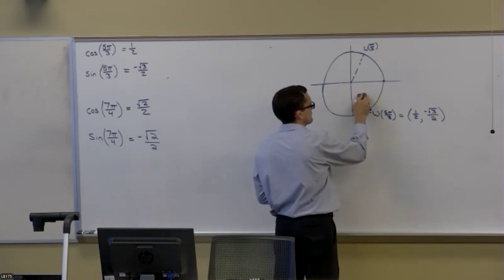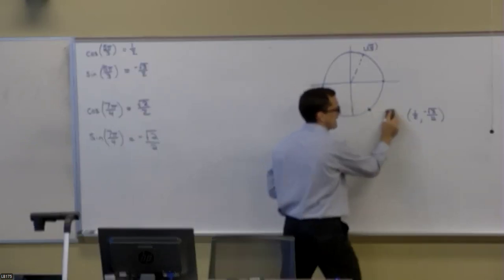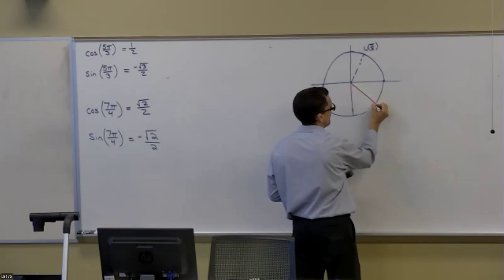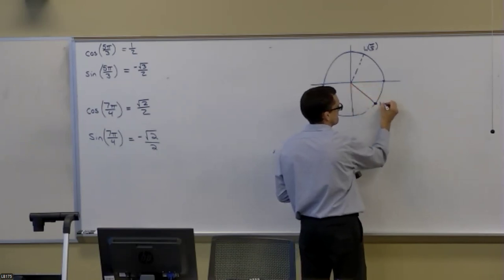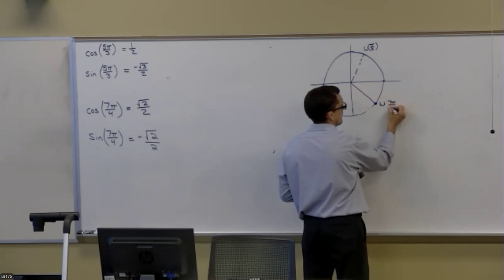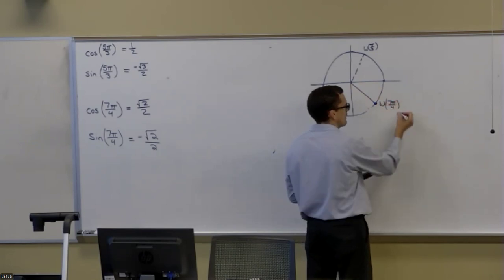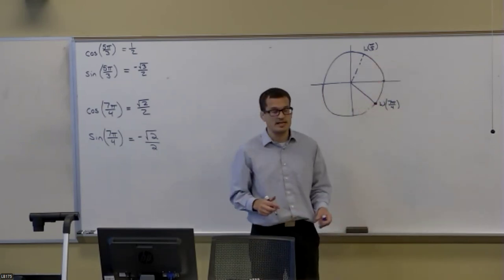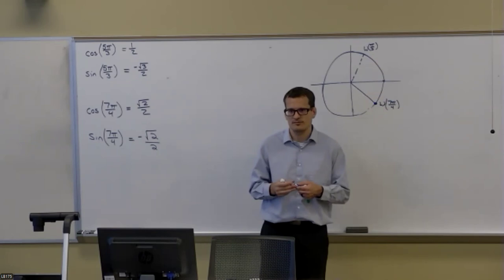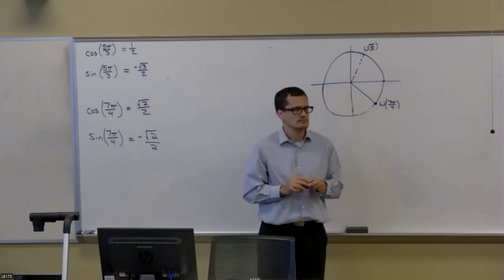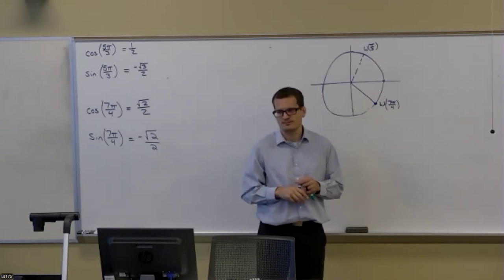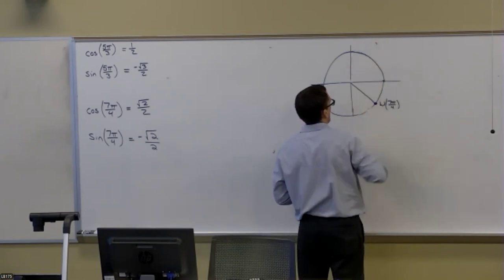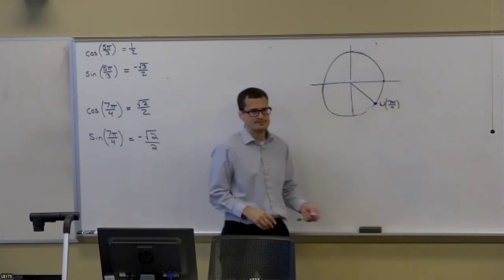And again, that's just a little bit quicker than trying to keep track of our wrapping function of 7 pi over 4, and then projecting that across, again, this one would be across the x-axis. That makes sense? Projecting pi over 4 across the x-axis.